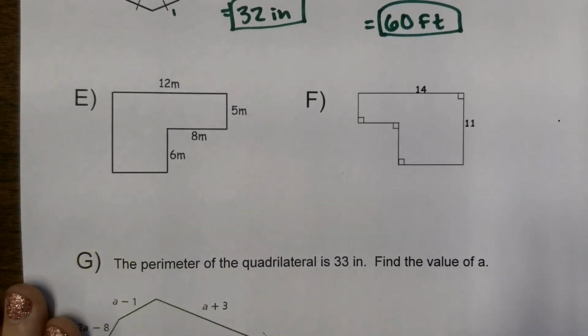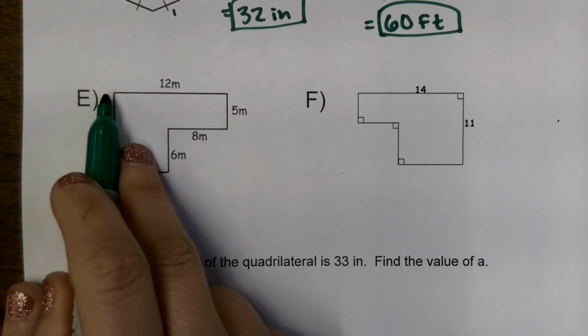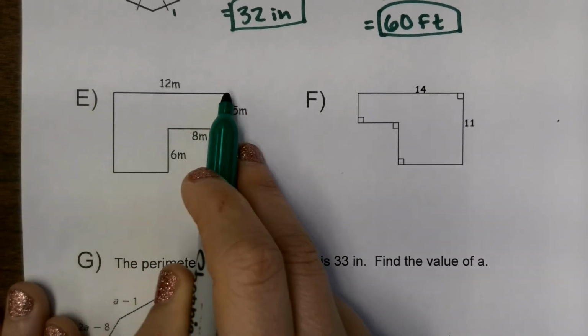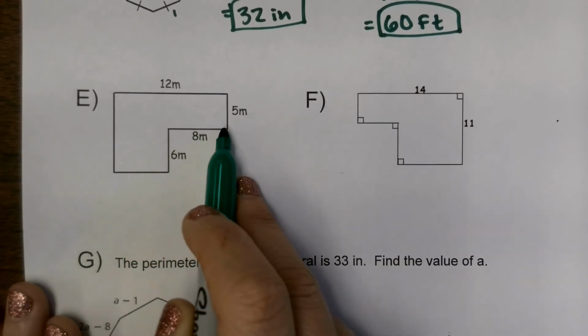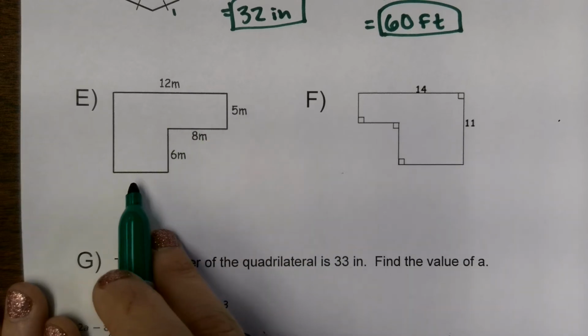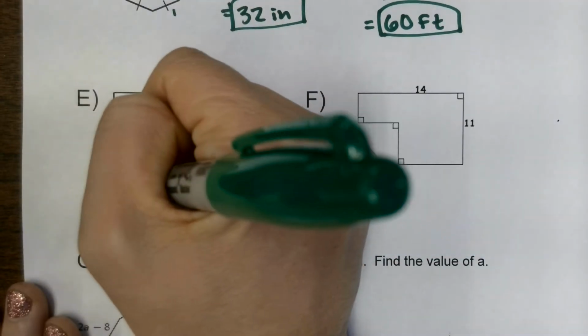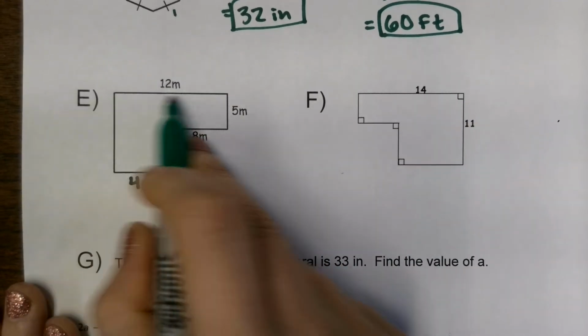So we're using that same concept to begin with. So for E, knowing that this horizontal piece is 12 meters, and then this part is 8 meters. It doesn't have to be to scale, but if that whole thing is 12 and this is 8, that means we've got 4 meters left over for those horizontal pieces, that our 4 and 8 have to add up to be 12.